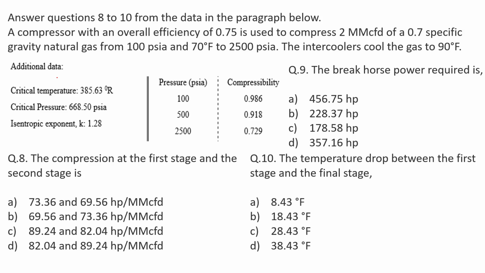The intercoolers cool the gas to 90 degrees Fahrenheit. As additional data, they are giving the critical temperature, critical pressure, isentropic exponent, that is the k value, and also the compressibility at different pressures, that is 100 psi, 500 psi, 2500 psi. From this data, we have to find out the compression at the first stage and the second stage, the brake horsepower required, and the temperature drop between the first stage and the final stage. So we have to find these three values.